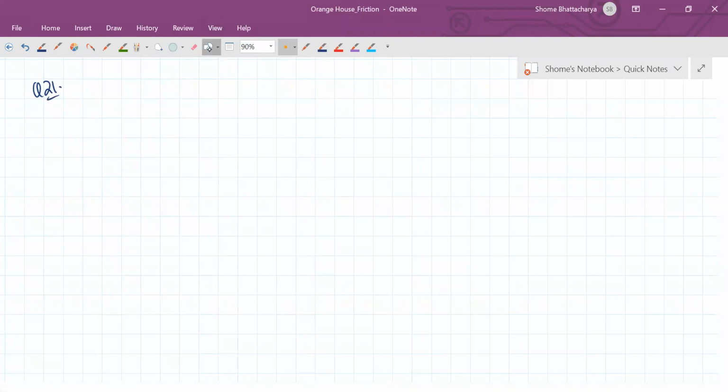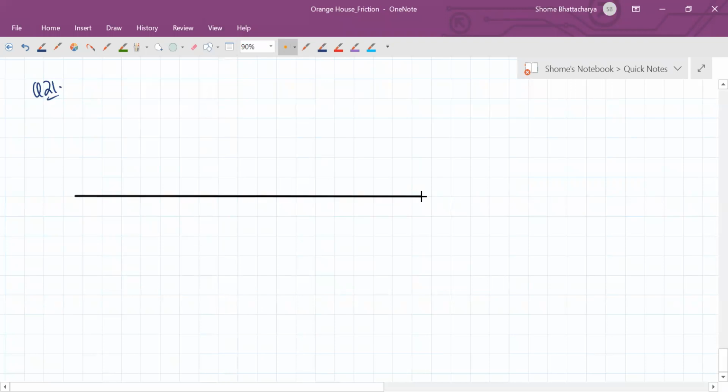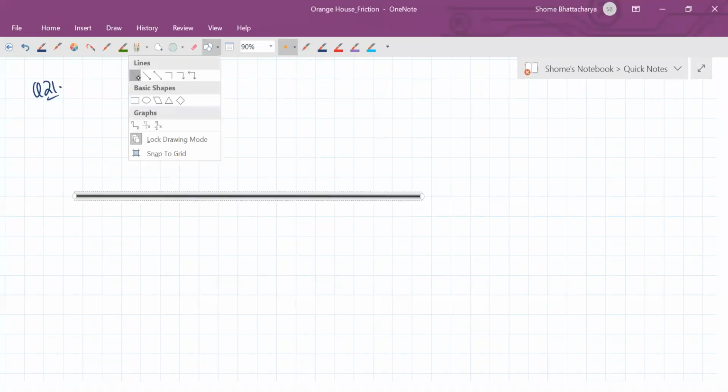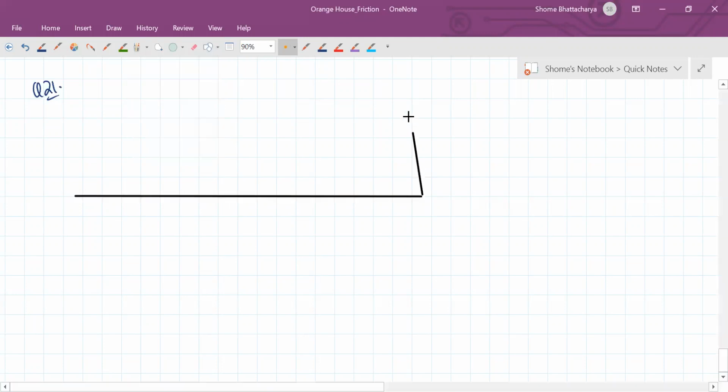So question 21 has this situation. We have a rough horizontal floor. Yeah, in the equation we're always using the magnitude of the vector load. This is right from Newton's laws onwards, not only in this chapter, but friction and Newton's laws.